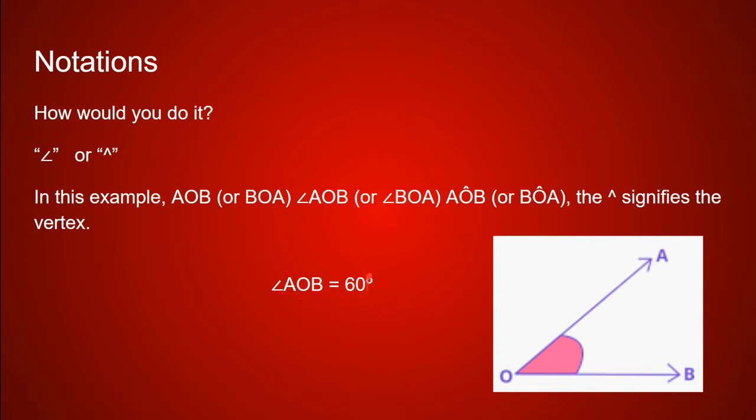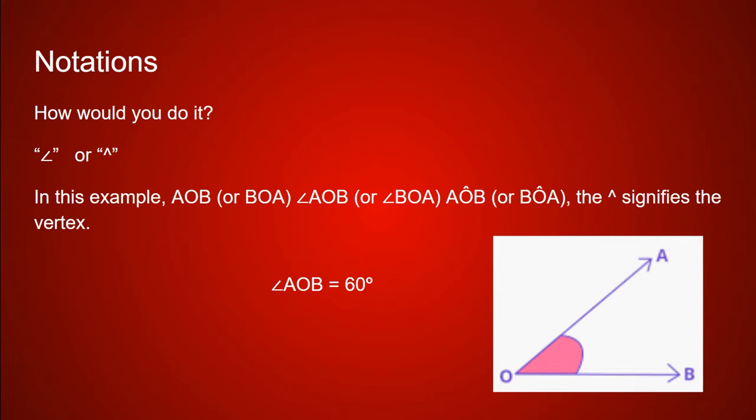Now this degree symbol is very important, because how for distance it's meters, and for weight it's kilograms, for angles it's this symbol. Because I can't find the symbol anywhere, I just take an O, make it a superscript, and then make it bold.